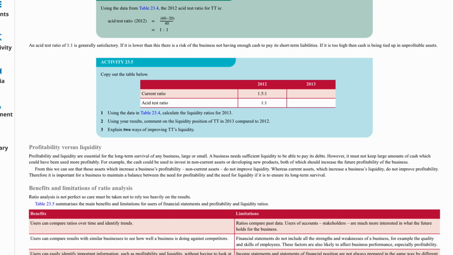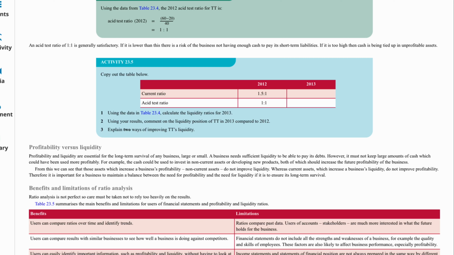However, when inventories are deducted from current assets to show the most liquid assets, liquidity position worsened between 2012 and 2013 because the acid test ratio is now 0.7 is to 1. So for every $0.7 coming into TT, $1 is spent.